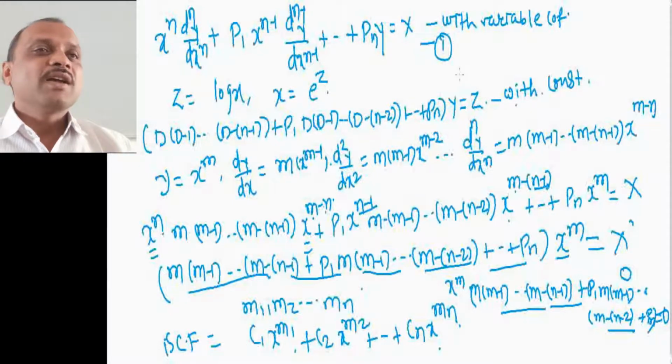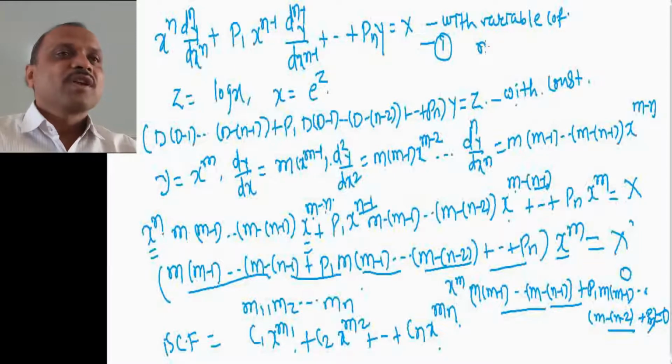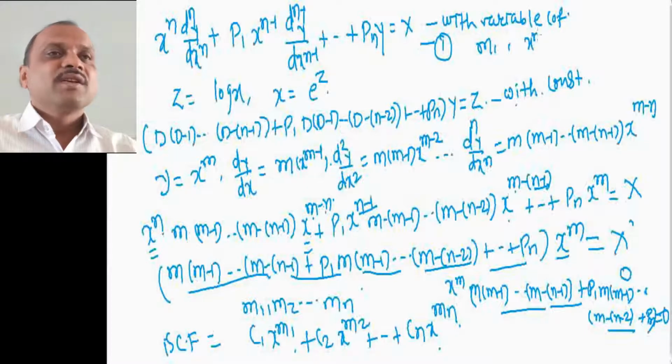At the same time, when this equation is converted into a linear differential equation with constant coefficients, you can see that if m1 is a root and x raised to m1 is a factor, then the root of equation number 2 is x raised to m1, that is, e raised to m1 into z.